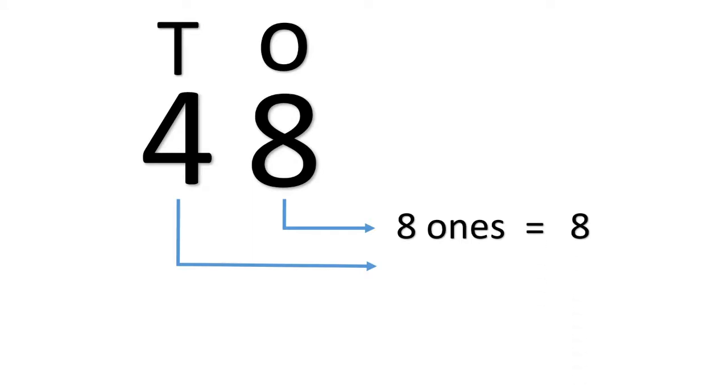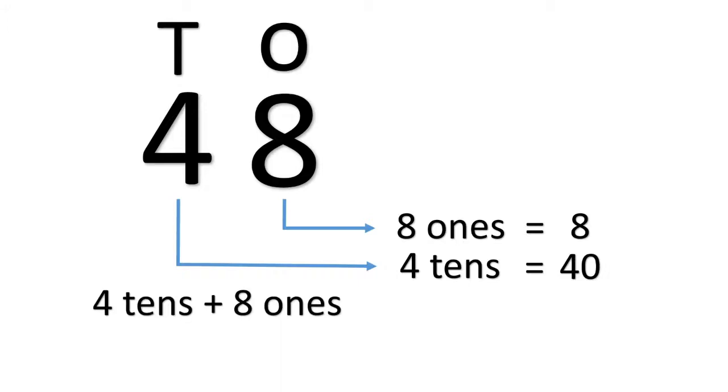And when you see number 4 in 10's place, we write it as 4 tens, which is equal to 40. Yes, it is 40. Okay, so 4 tens plus 8 ones is equal to 48. Understood, children?